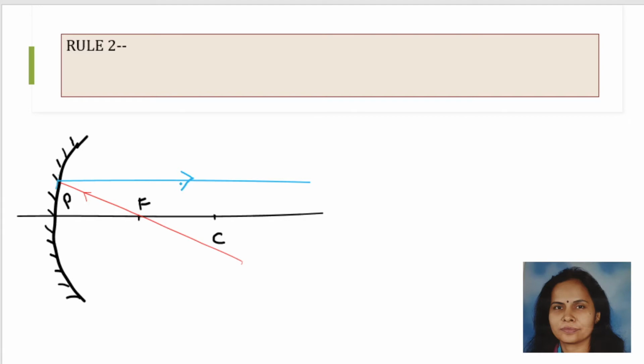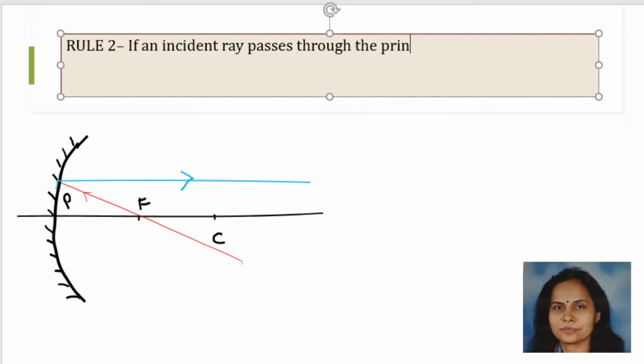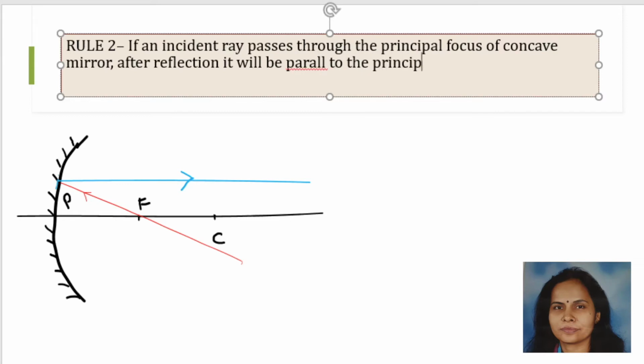So the second rule says if an incident ray passes through the principal focus of concave mirror, after reflection, it will be parallel to the principal axis. So this is the second rule.